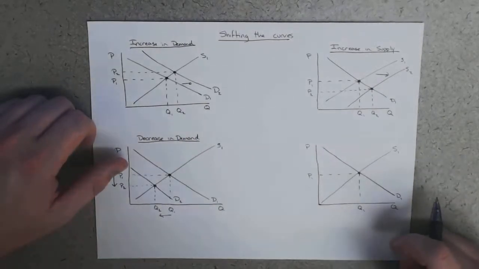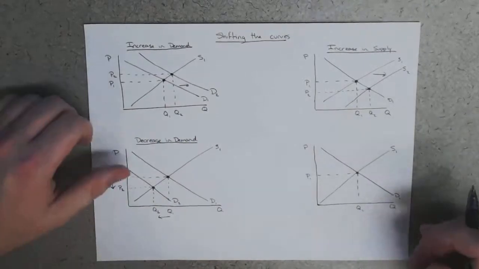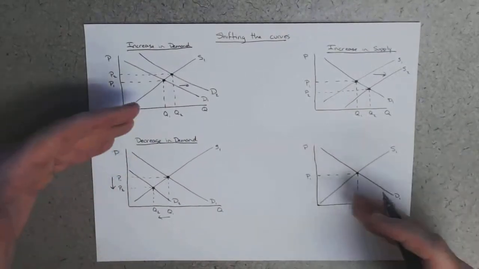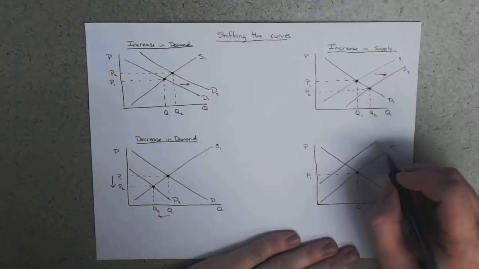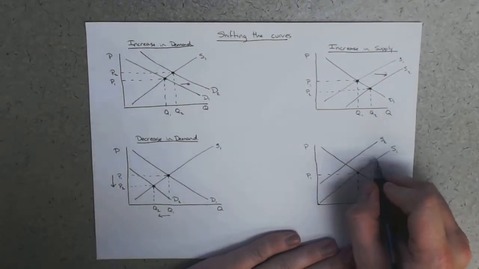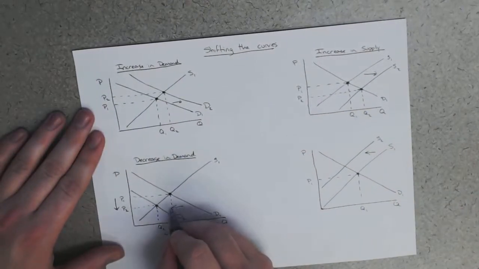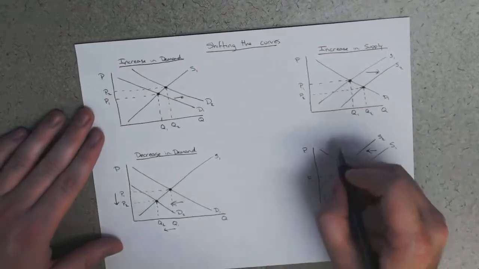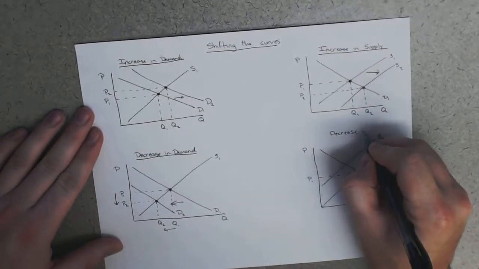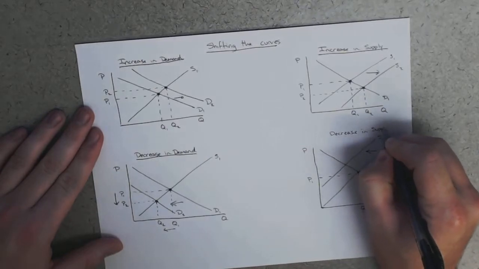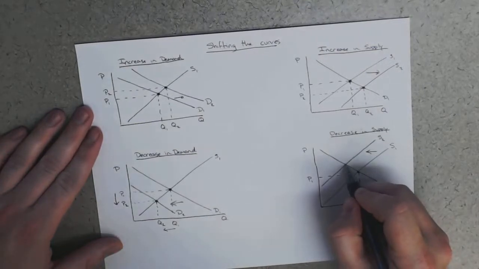If the price of French cheese a year from now increases, the market for French cheese today is going to change. We're going to shift the supply curve to the left. So we have a decrease in supply, the curve is shifted to the left.